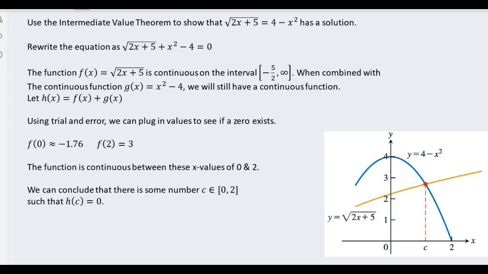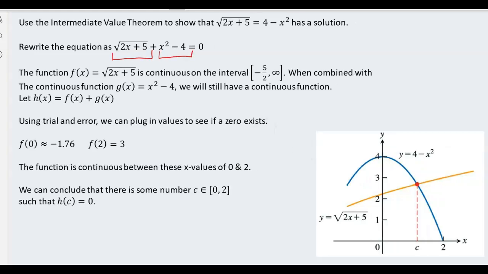The first thing that we do, you'll notice here, is that we put everything onto one side and 0 onto the other so that we can look at this as a single function. I'm going to have the first part be the function f, and this part's going to be the function g.